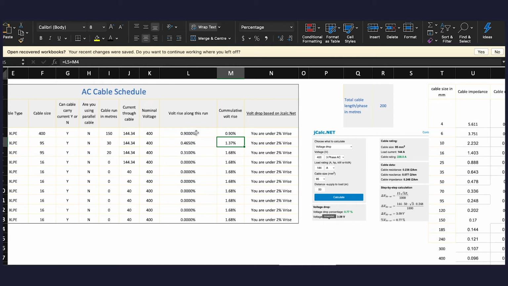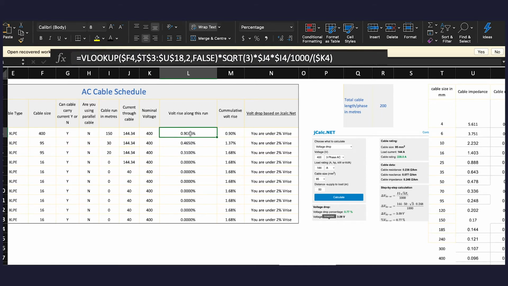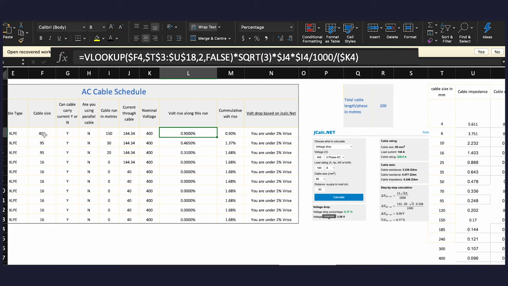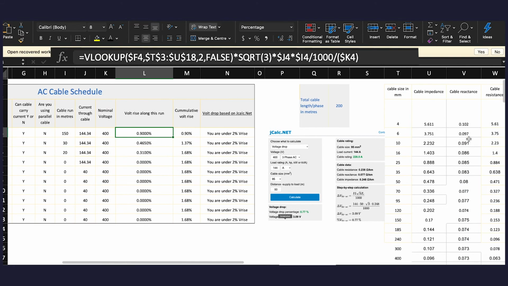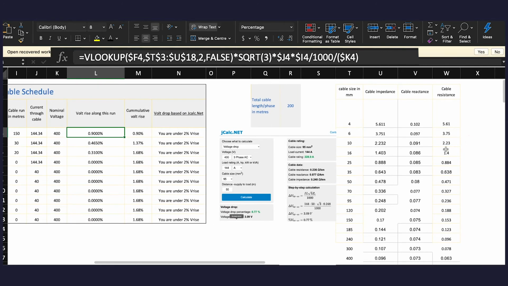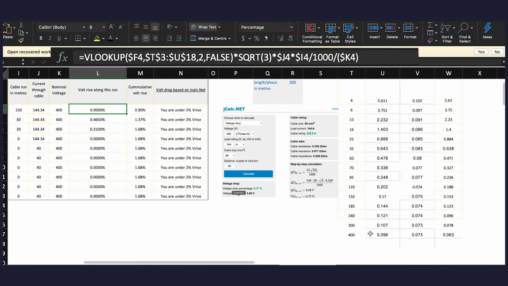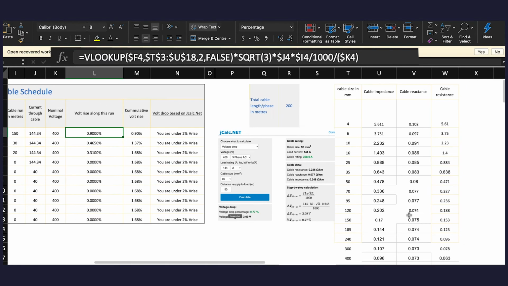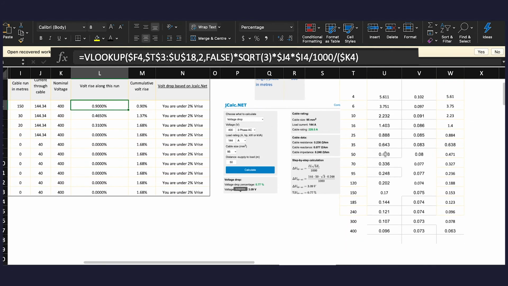Okay, now let's go back to the original example. A VLOOKUP, so we've looked in what's in F4, that's the cable size. Now we come across to this table here, and effectively what VLOOKUP does is it says, I'm looking at this reference here, and I want to extract the information from here. So you can see here T3 to U18.